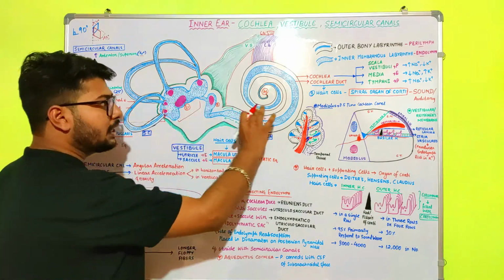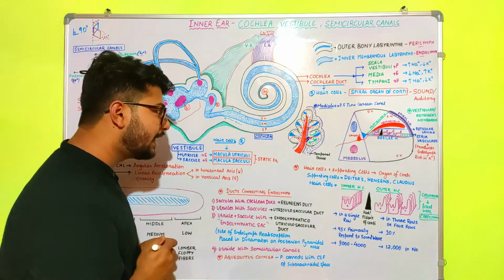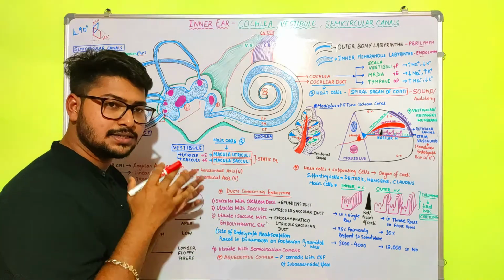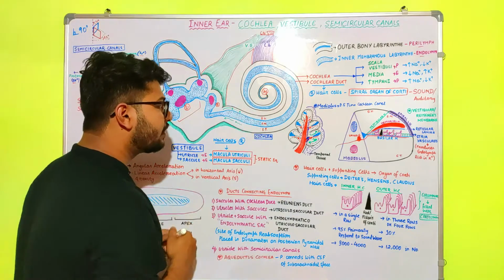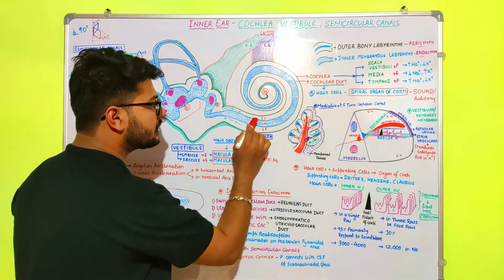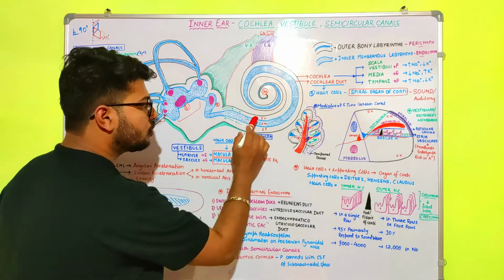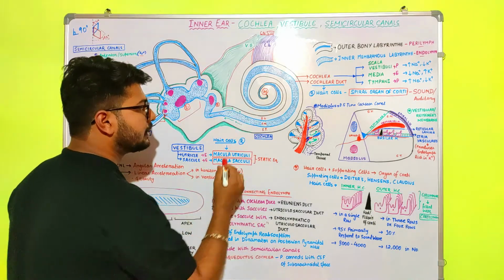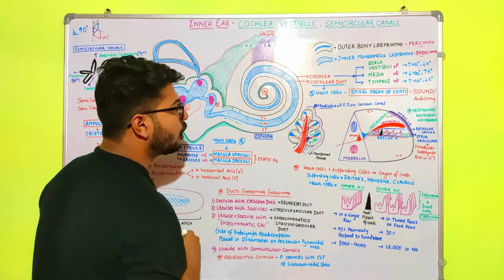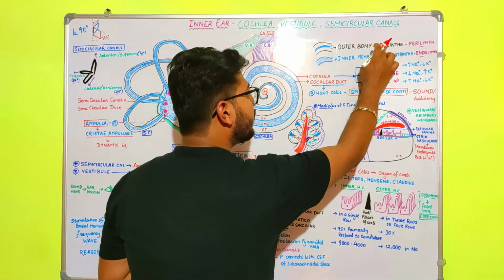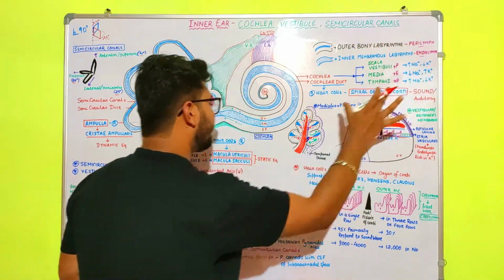Next, the cochlear part is divided into three chambers. What are they? Scala vestibuli, scala media, and scala tympani. The scala vestibuli and scala tympani are present in the white part. As we have seen, this white part is made up of outer bony labyrinth, and it is filled with perilymph.